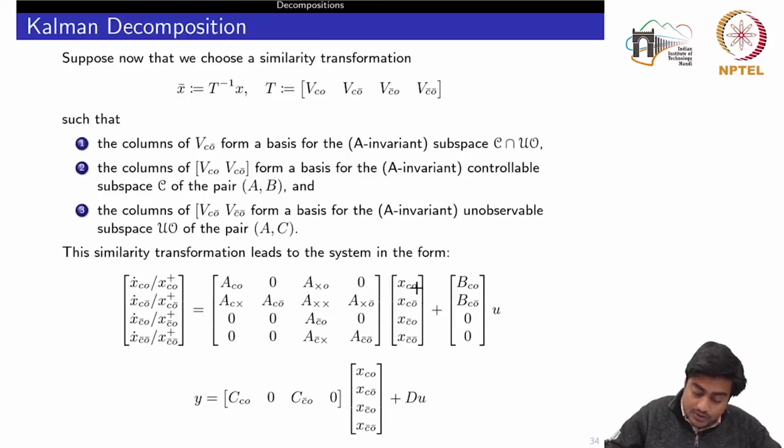So XCO denotes all the states which are controllable and observable. XCO bar, all the states which are controllable but not observable. Similarly here, the states which are not controllable but observable, and these are all the states which are neither controllable nor observable. Okay, and the matrices corresponding to those vectors.